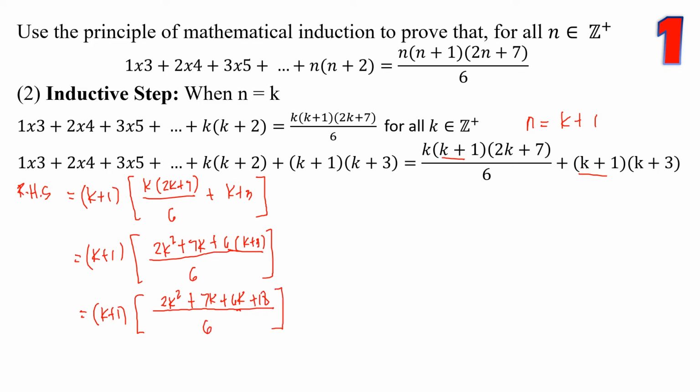Combining similar terms in the numerator, we will have k plus 1 times 2k squared plus 13k plus 18.